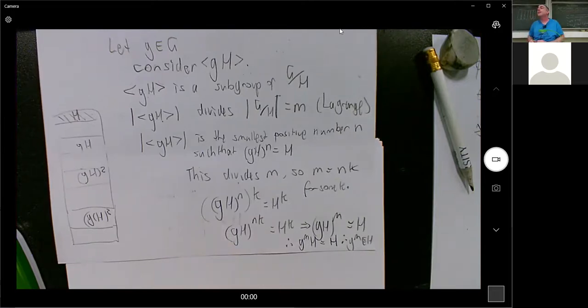Definition 5.5 says that a subgroup determines the number of cosets, and the second includes the subgroup itself.